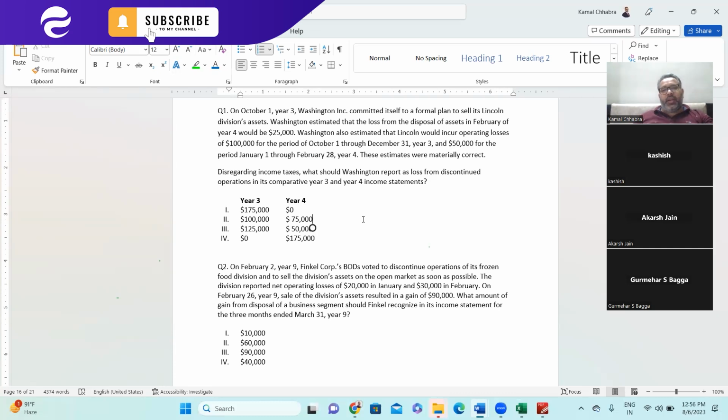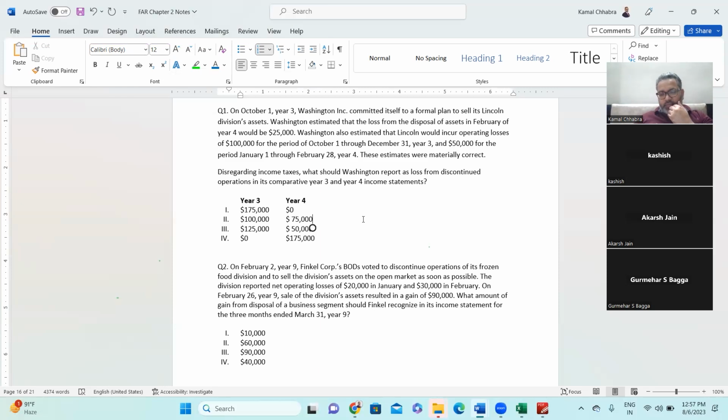Second is operating loss of 100,000. So will you consider that 100,000 loss in year 3? Yes, sir. Right? Third is expected operating loss in next year. Will you consider that? No. Why? That is expected operating loss for the future period, which you can avoid also.